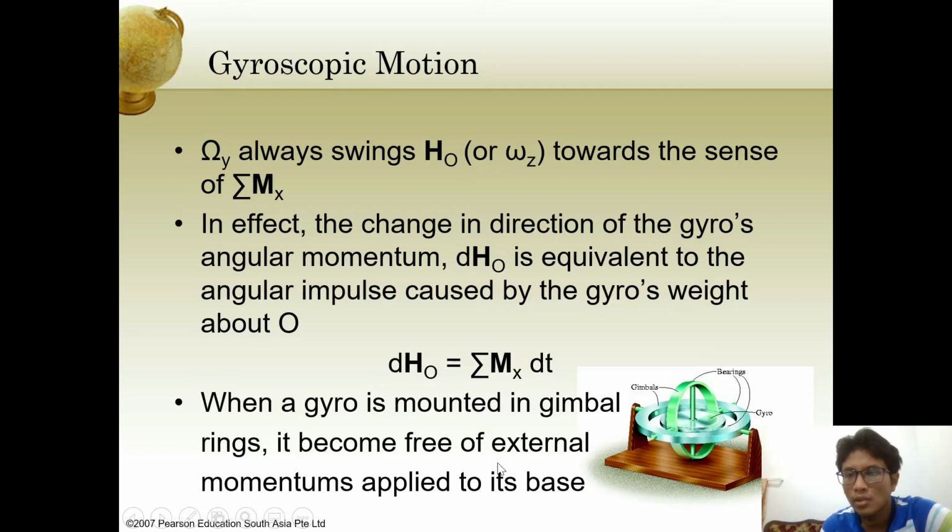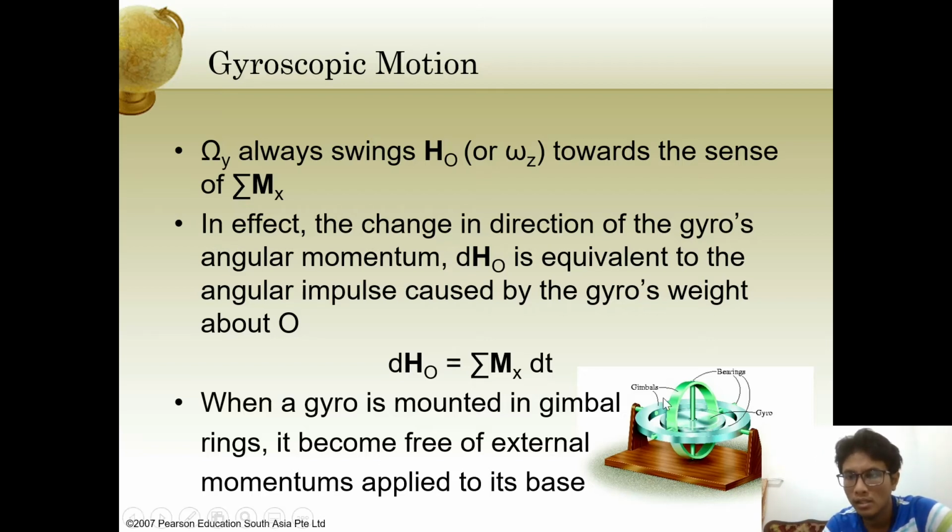So if you rotate the gyro in any orientation with high speed, it will maintain its position. When you lift this block along with the gyroscope and move it slowly to the right or to the left, the gyro will tend to maintain its position.